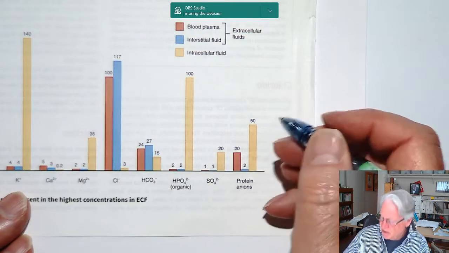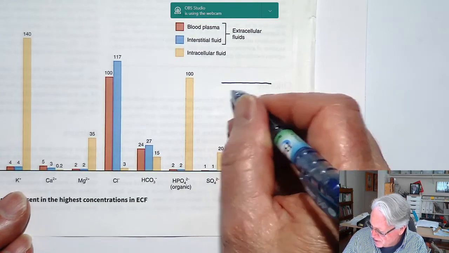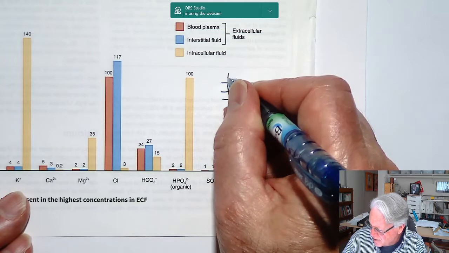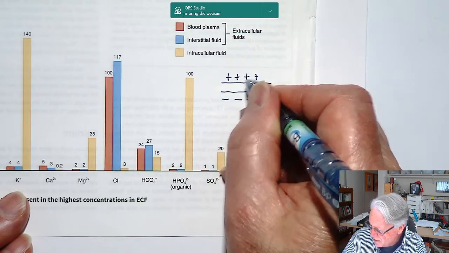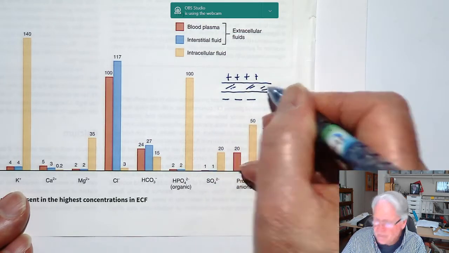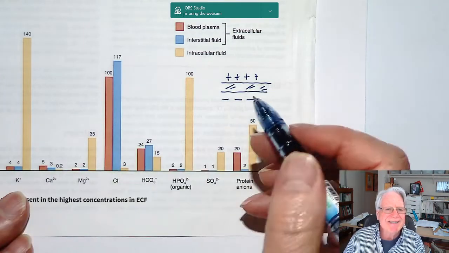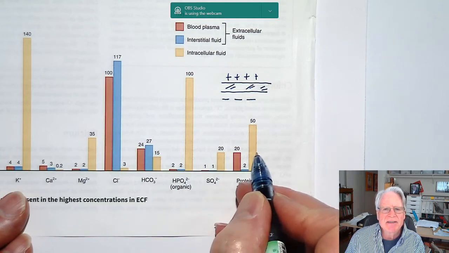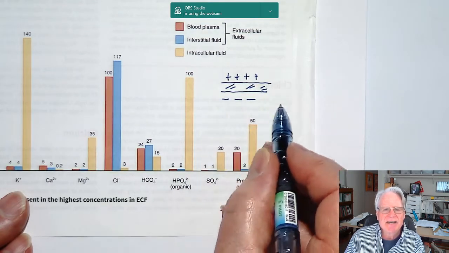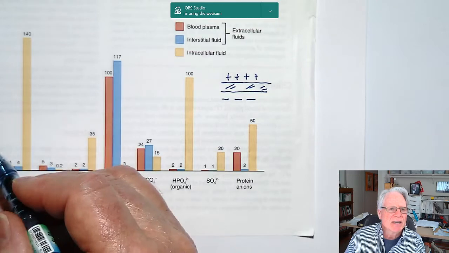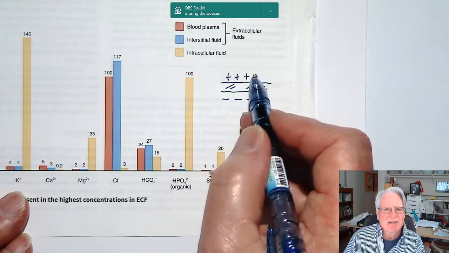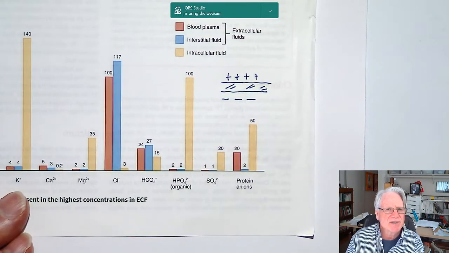So as I pointed out to you, when you look inside the cell, the inside of the cell tends to be negative and the outside tends to be positive. Okay? So where is that difference in charge coming from? So this tends to make the cell negative. Okay? And this tends to make the cell positive. That's our separation of electrical charges.